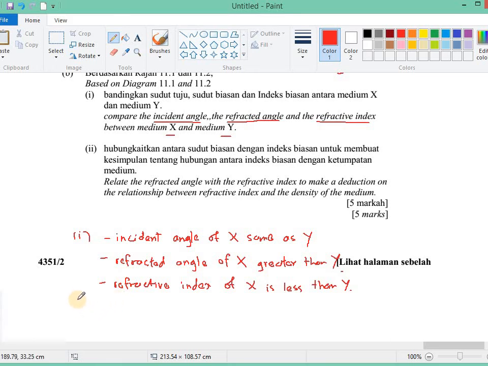And then the second one: relate the refracted angle with refractive index to make a deduction on the relationship between refractive index and density.